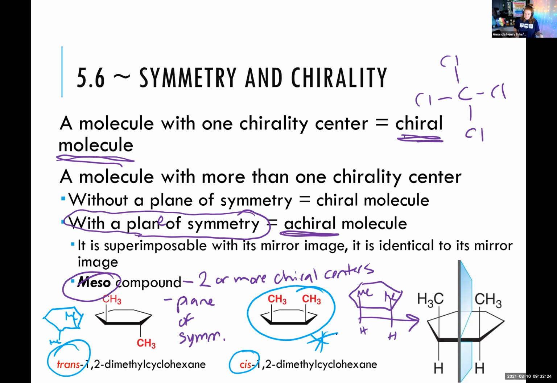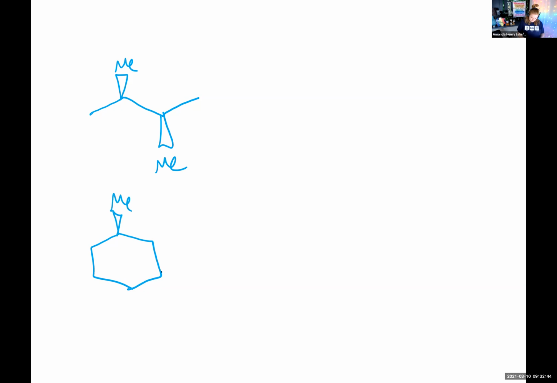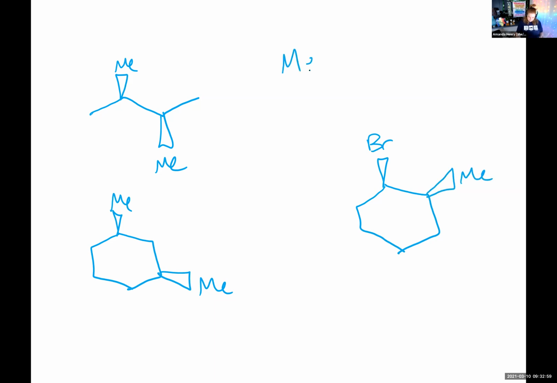Okay, I'm going to draw a couple, and we're going to decide if they're meso or not. Okay, so we have 3 compounds.